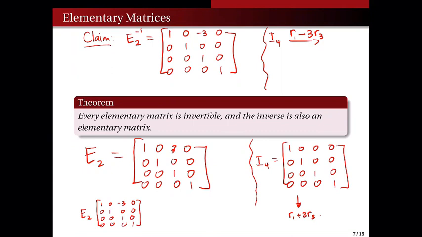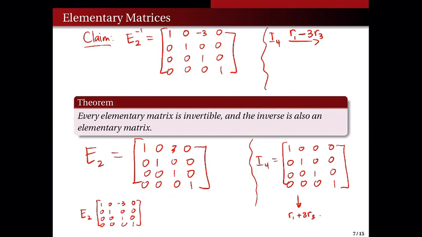But we will apply the theorem from before, meaning I just need to apply this guy here on this matrix here, because this E2 was obtained by doing this row operation. And therefore, I just need to apply this to this matrix here.